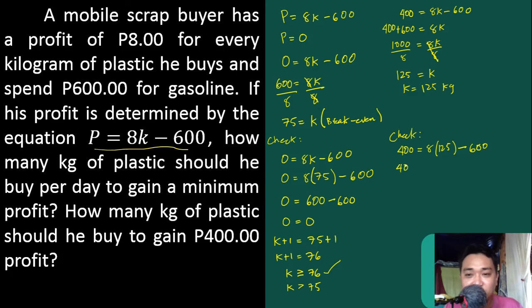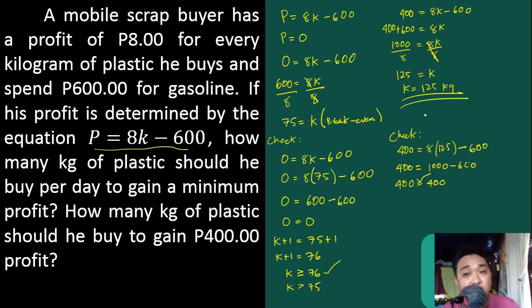So 400 here is equivalent to 8 times 125. 8 times 125, that is 1,000 minus 600. So 400 is equivalent, 1,000 minus 600 is 400. Check. So therefore, our answer is correct. Kailangan niya mag-uwi ng 125 kilograms na scrap para kumita ng 400 pesos.